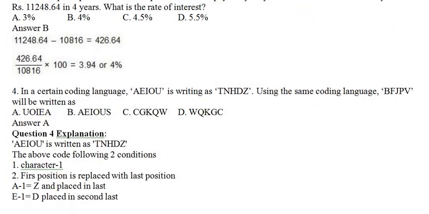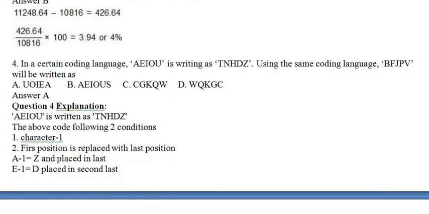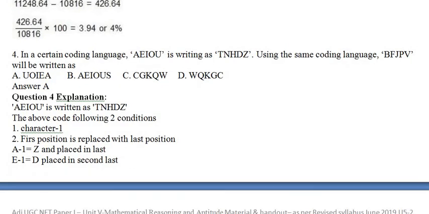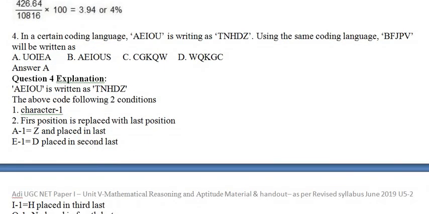And next question: in a certain code language, AEIOU is written as ZDHNT. Using the same code, what is the code for BFJPV? Okay, so actually this is following two things. One is a letter, we want to subtract 1 from this letter, which means suppose we have B, its previous letter is A, like that you want to take.